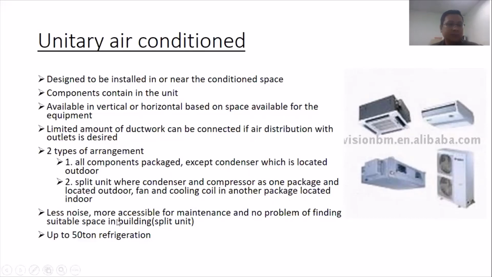Less noise, more accessibility, suitable for maintenance, and no problem of finding suitable space in the building. And then up to 50-ton refrigeration, so we can get high conditioning power in unitary air conditioning.